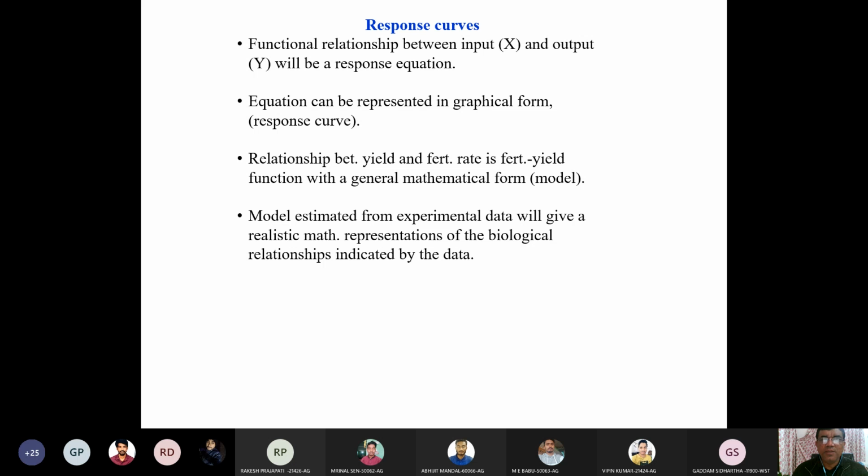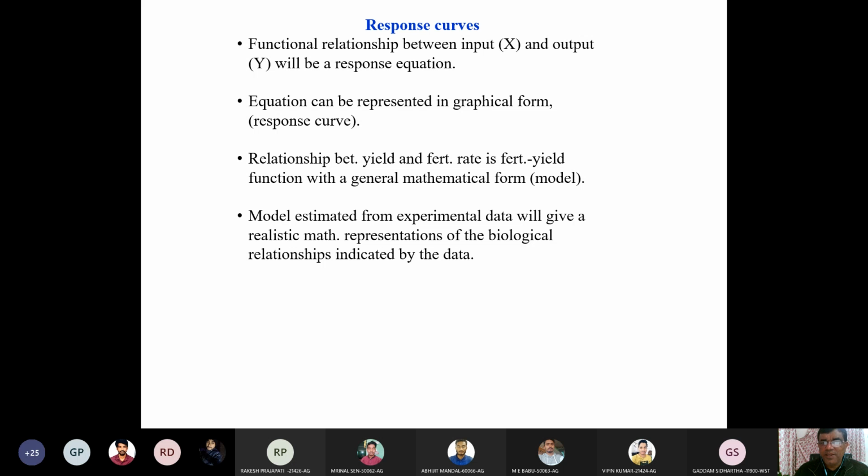An equation can be represented in graphical form also. Once you get a particular equation, say y is equal to a plus bx, by changing the value of x, you can get different values of y. You can get paired values, and those paired values can be plotted on the graph. So any equation can be converted into graphical form.